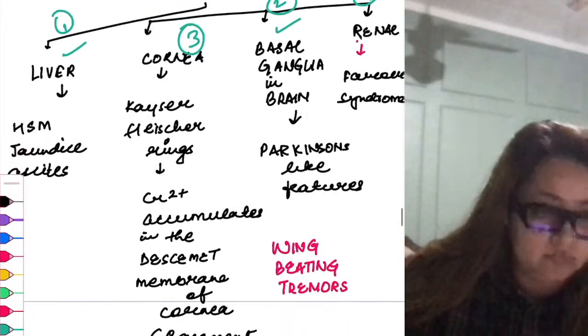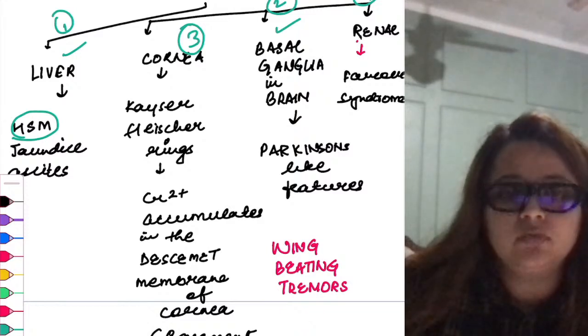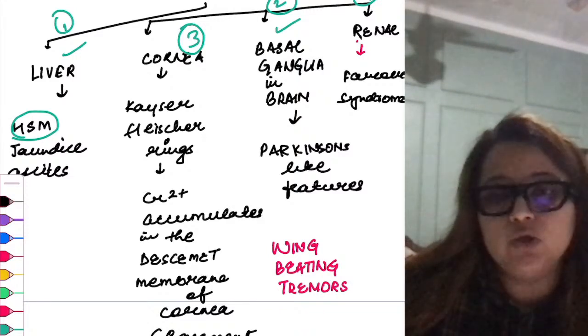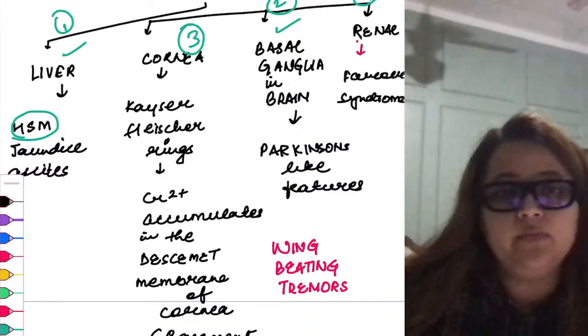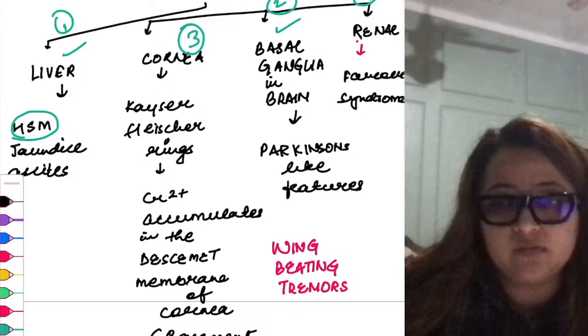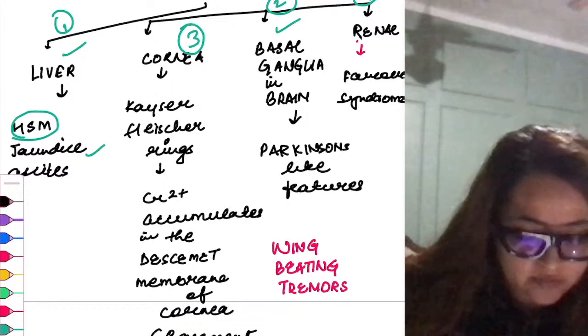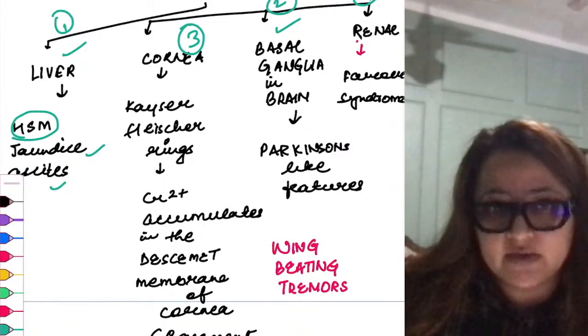So in the liver, the patient could have hepatosplenomegaly. Along with the liver, there could also be splenomegaly. Why? Because the copper starts to accumulate in the liver as well as in the spleen, so the size is increased. Then the patient could have jaundice, and the patient could also have ascites.